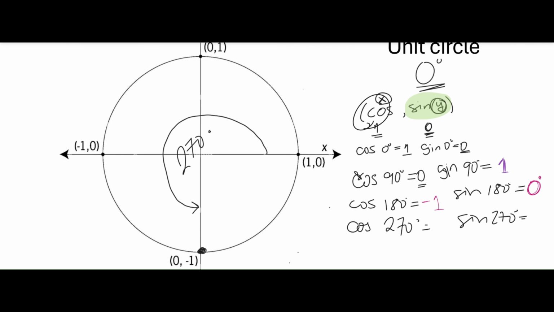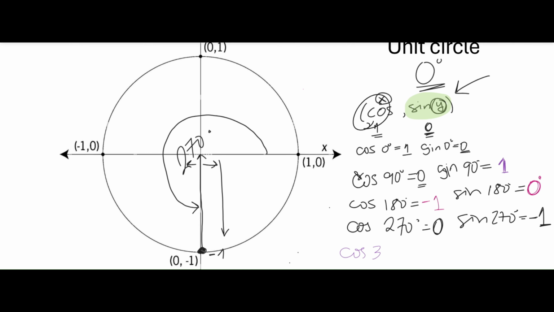Did we move to the right or to the left? Nope, so our cosine is 0. But our sine tells us whether we move up or down, right? We did move down on the y-axis to the point -1. So it is -1.